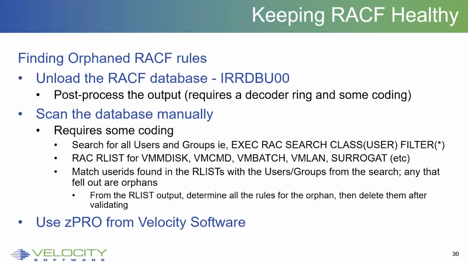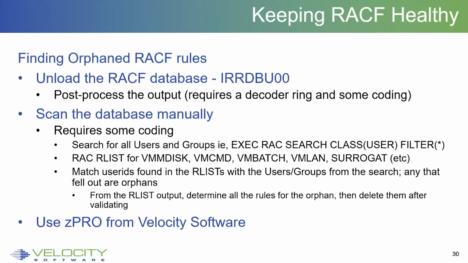The other way is to scan the database manually using RACF's various search and RLIST commands to be able to get all the details that you would need. Again, it's going to require some coding. You're going to have to wrap some code around running the RAC SEARCH command and the RAC RLIST command for all the resources that you want to look for.